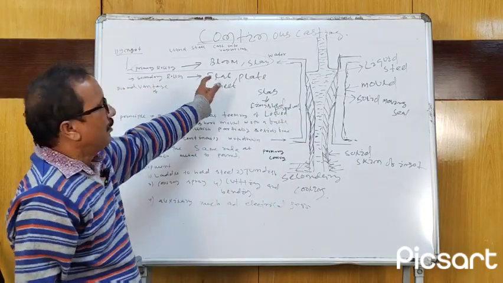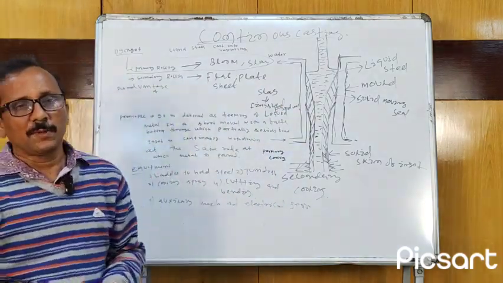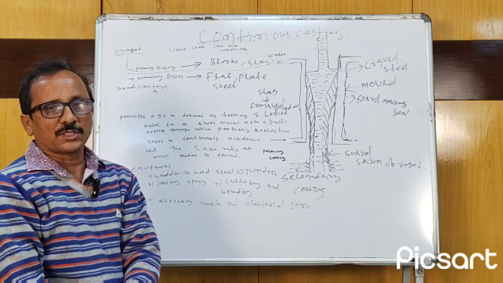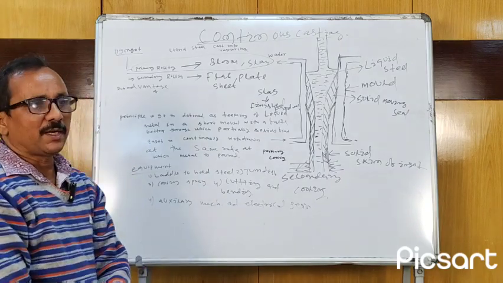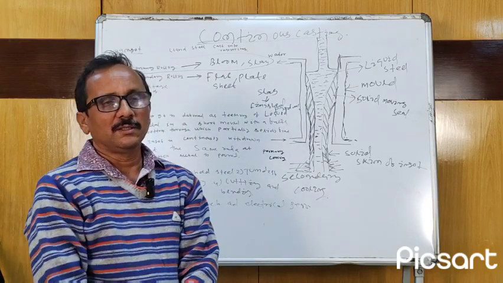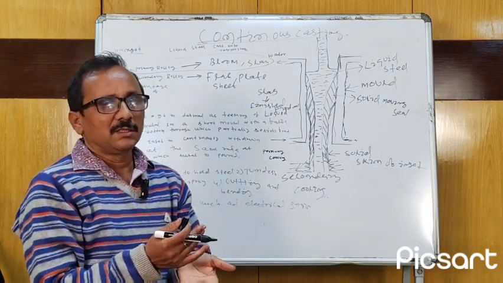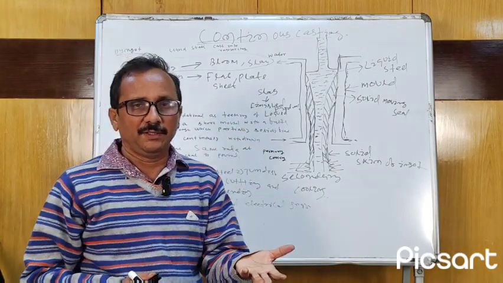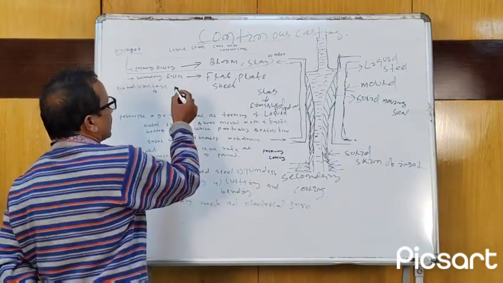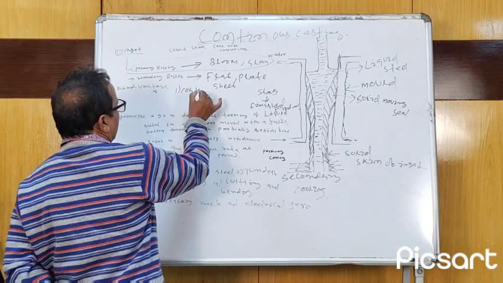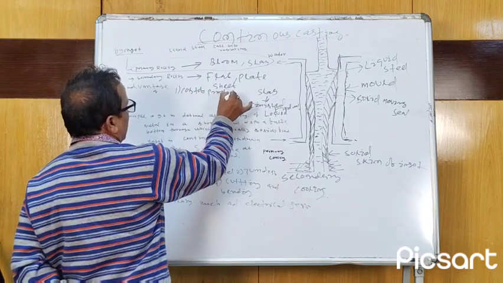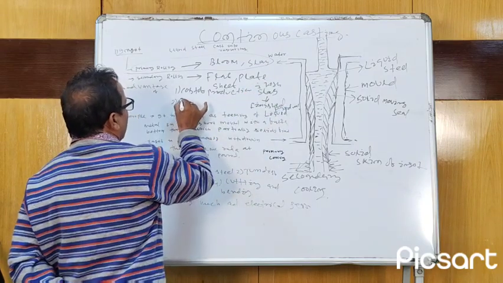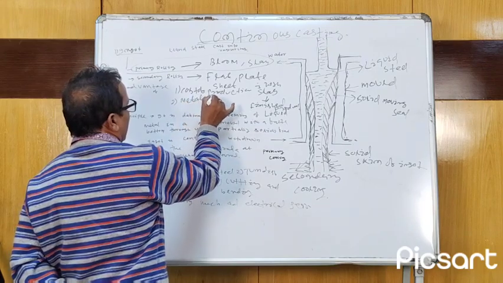The conventional rolling mills or primary rolling mills are very difficult and more costly, and they have different disadvantages. In conventional casting, the metallic yield is very low and the cost of production is high.